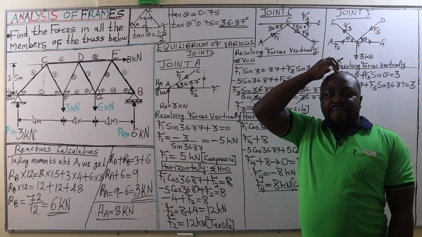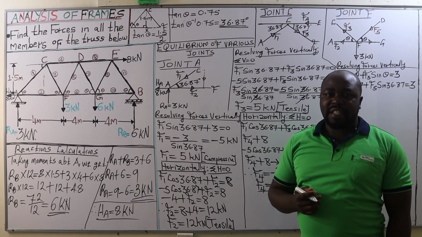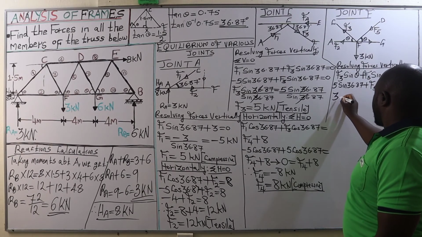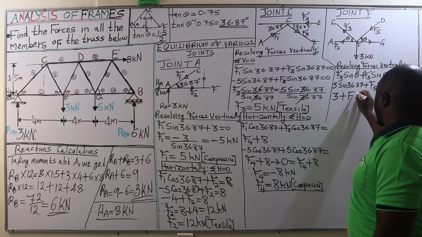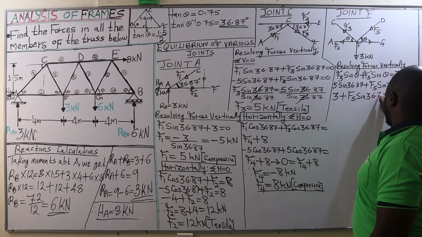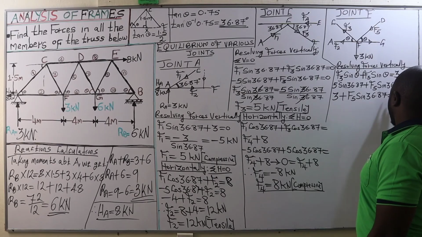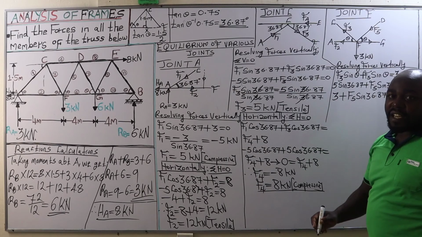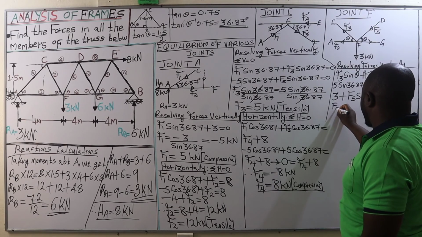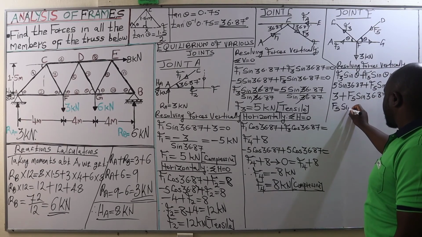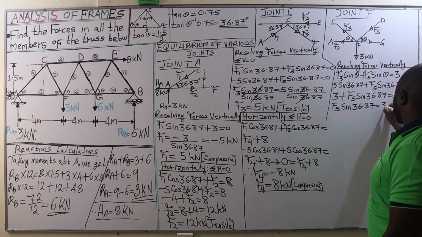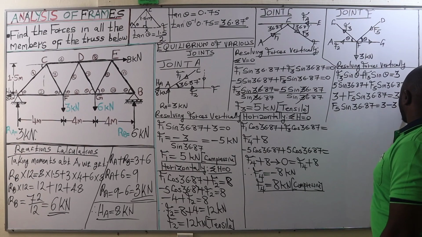Now, 5 multiplied by sine 36.87 happens to be 3, and therefore 3 plus F5 sine 36.87 equals 3. Take this 3 to this side of the equal sign. We are going to have F5 multiplied by sine 36.87 equals 3 minus 3, which is 0.